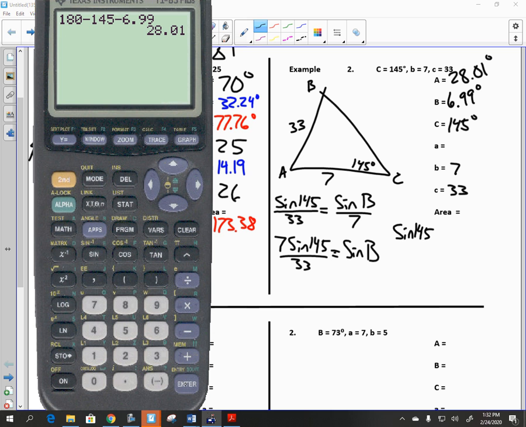Sine of 145 over 33 equals sine of 28.01 over A.